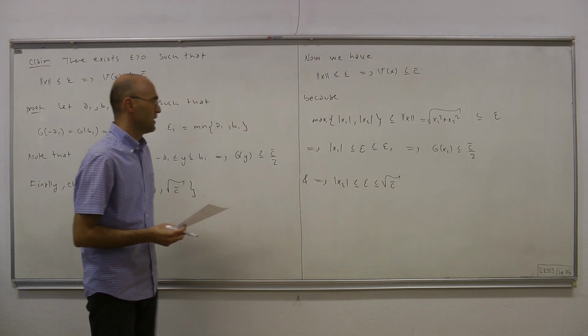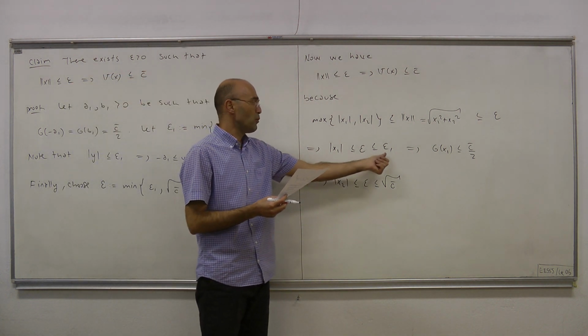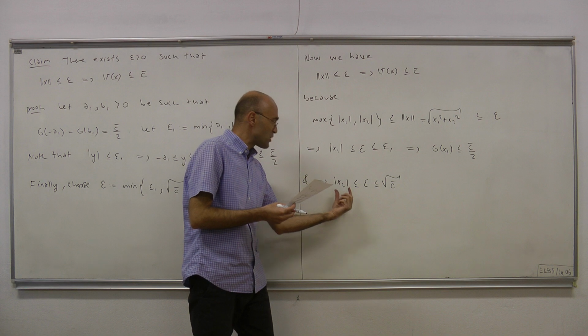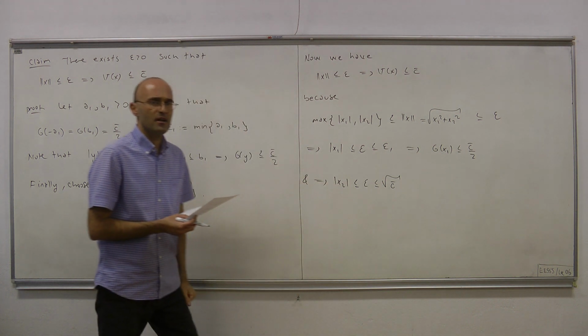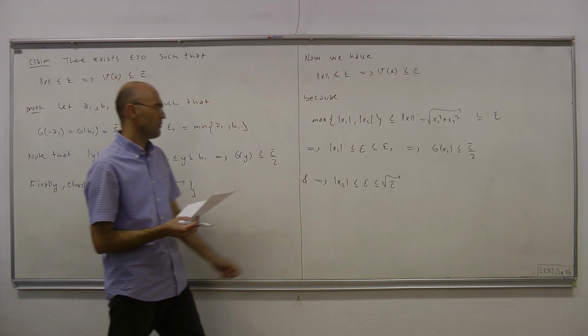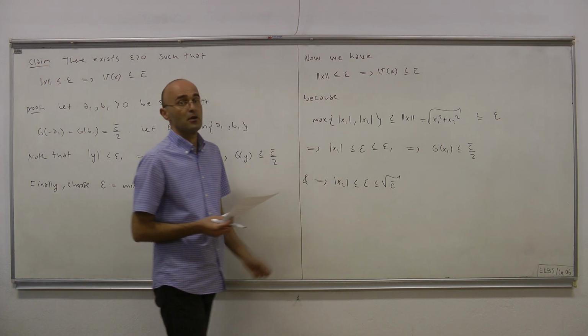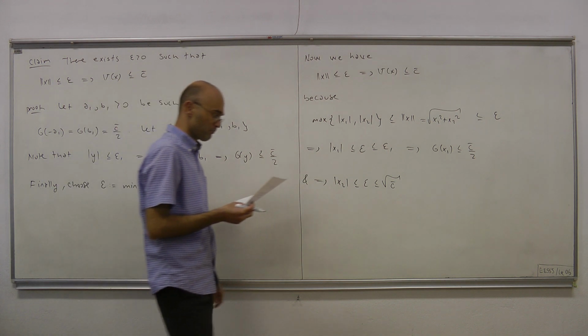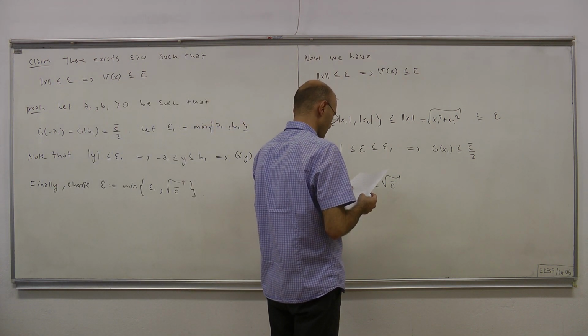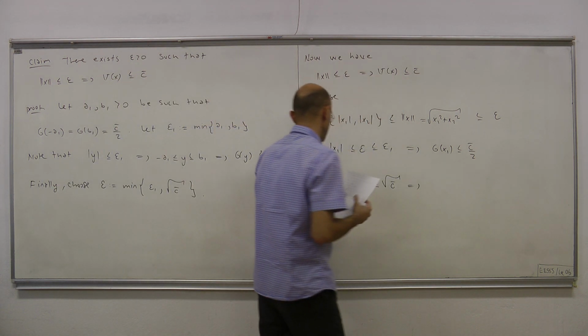Okay. Now x2 is also smaller than epsilon 1, but for the x2 part, we need that piece of information. So we're going to use the fact that the norm of x2 is less than or equal to square root of c bar. Okay, and that implies what?